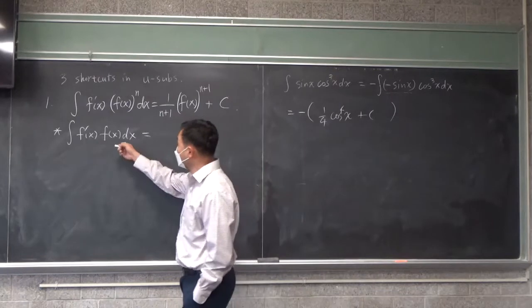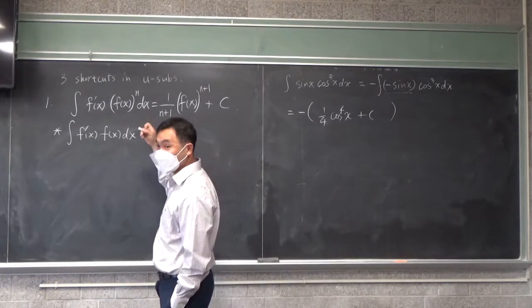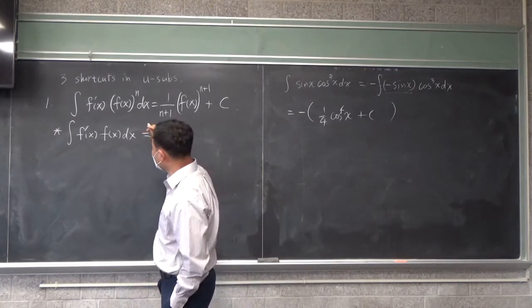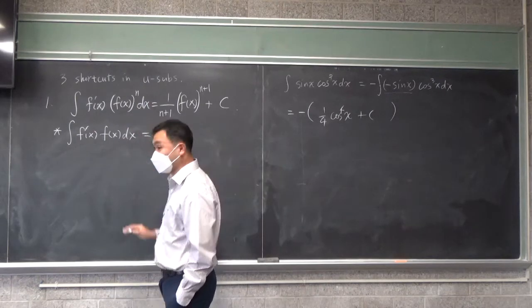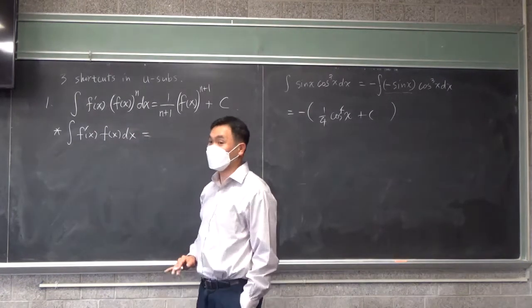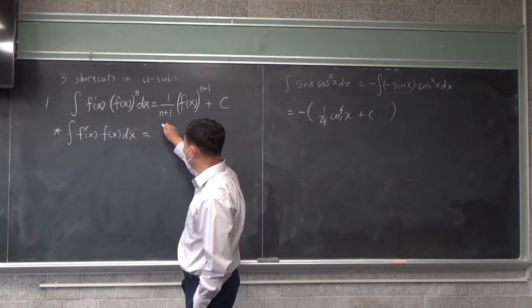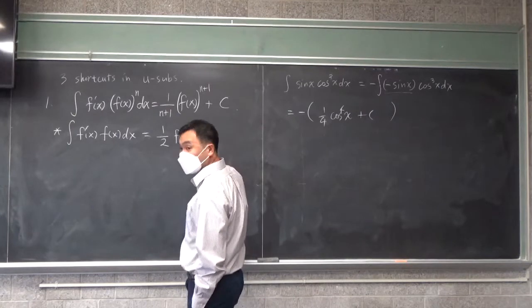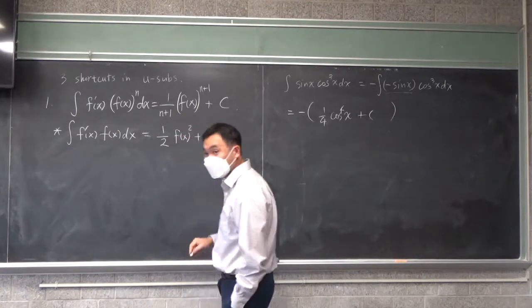You can get the formula for this from here, right? So for us to use this formula for this specific one, what should you let n equal to? 1. N is 1, right? So what do you get on the right side then? 1 over 2. F of x to what power? Second power plus c.